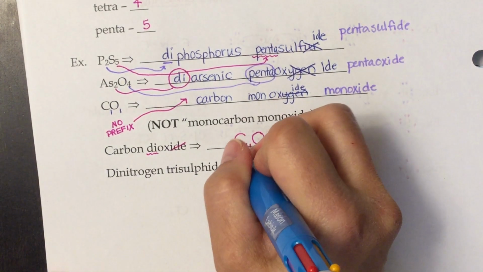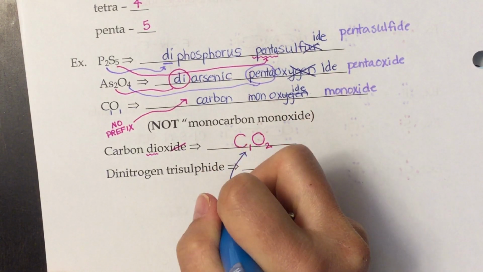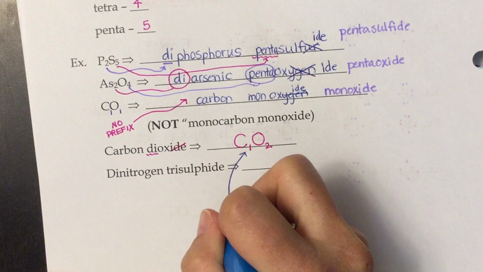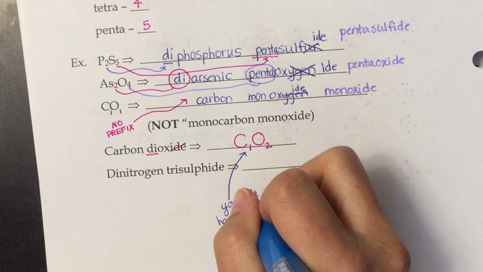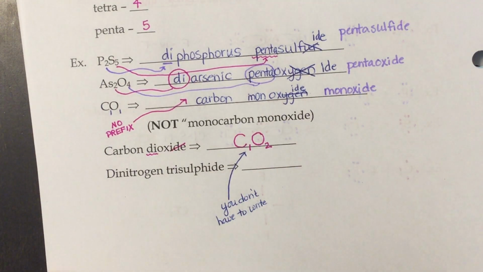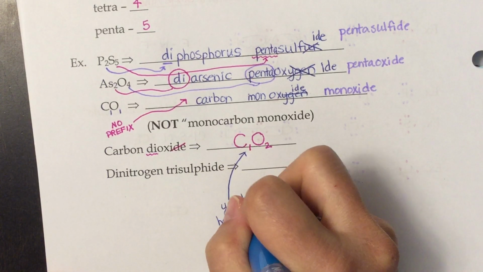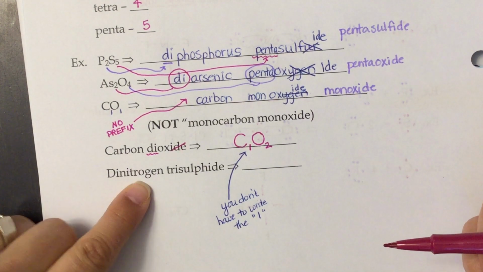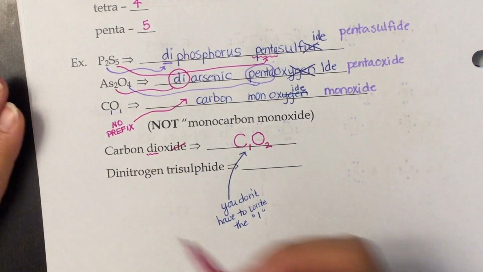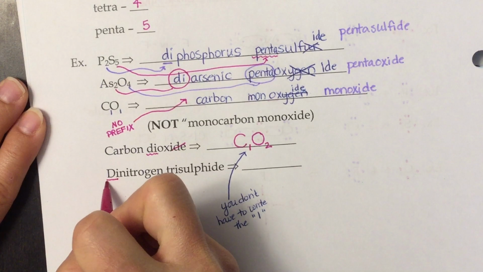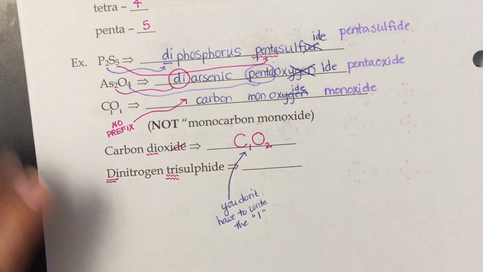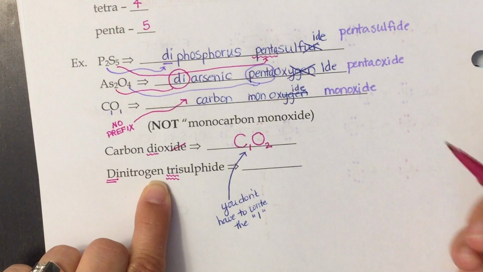I'll write that here. You don't have to write the 1. Okay. Next one, dinitrogen trisulfide. Okay, so di, there's my prefix, and tri, here's my prefix. Okay, so if I look at the rest of this, I have nitrogen.